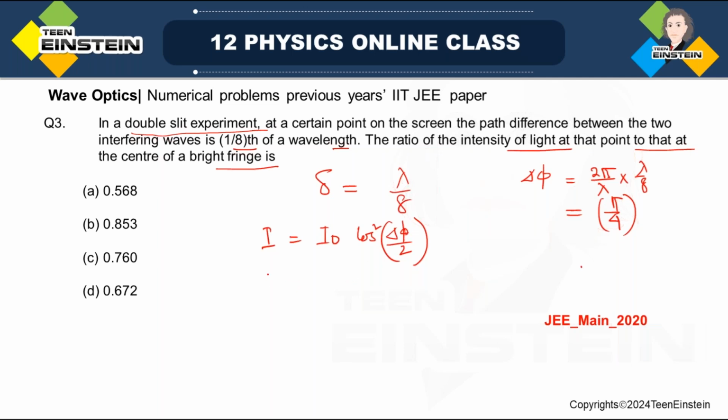So if I put this value here, I can get the ratio I by I0, that means the intensity at that point to the intensity at the central point. This is cos square of delta phi by 2, that means pi by 8. So cos square pi by 8. If you don't know this value, you will need a calculator.